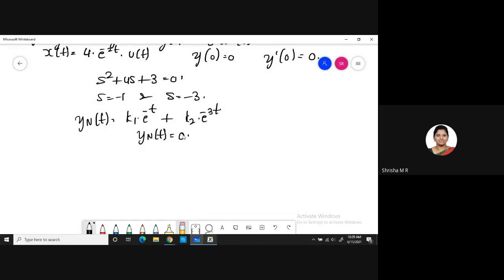Try to find the particular response. For the particular response, we have to consider x of t, which is 4 into e power minus 2t into u of t. So what is the structure of the particular response?